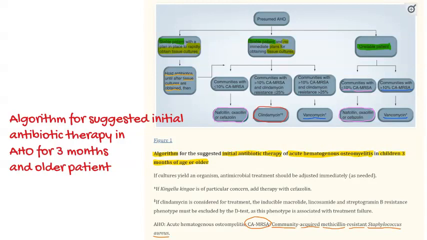In communities with more than 10% community-acquired MRSA and clindamycin resistance less than 25%, clindamycin is chosen. In communities with more than 10% community-acquired MRSA and clindamycin resistance more than 25%, vancomycin is selected. For an unstable patient, please start antibiotics as soon as possible even without the culture.